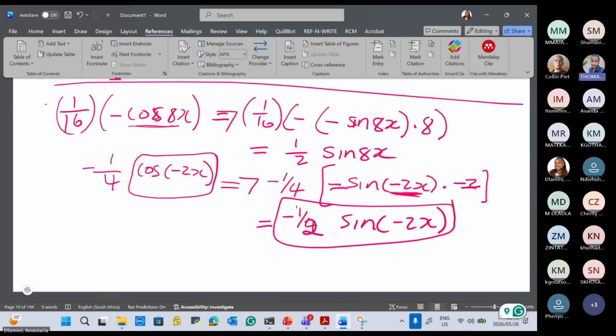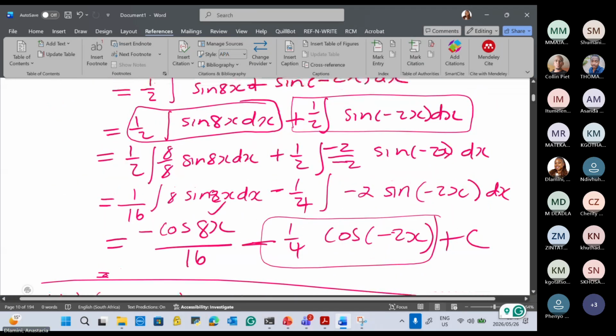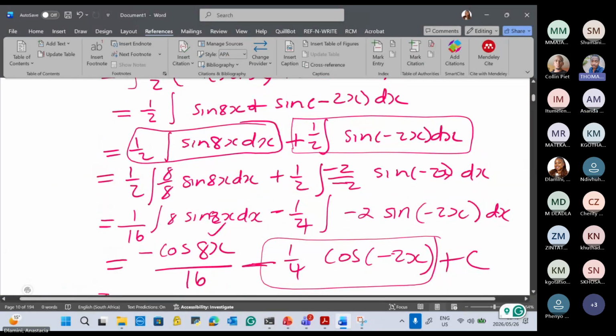Can you scroll up a bit? I want to see something. Where did we go wrong? When we integrated sine, we didn't put the negative. When we integrate sine, it's negative cos.